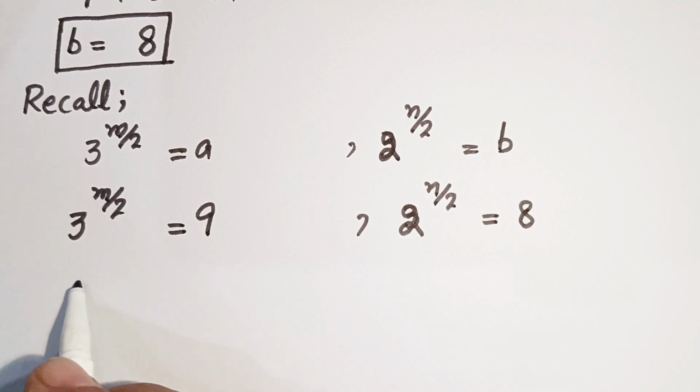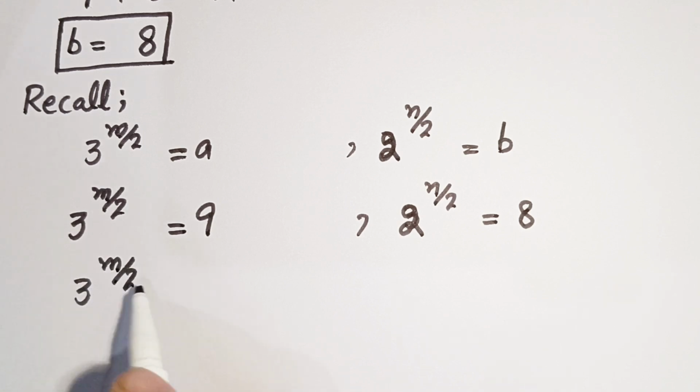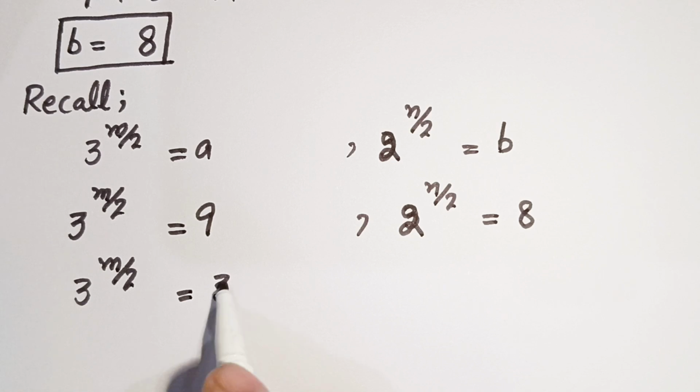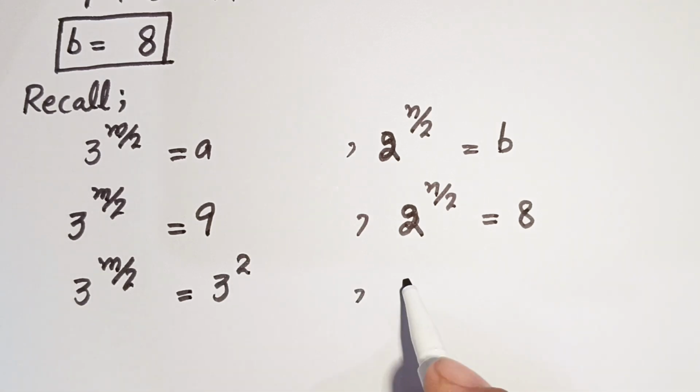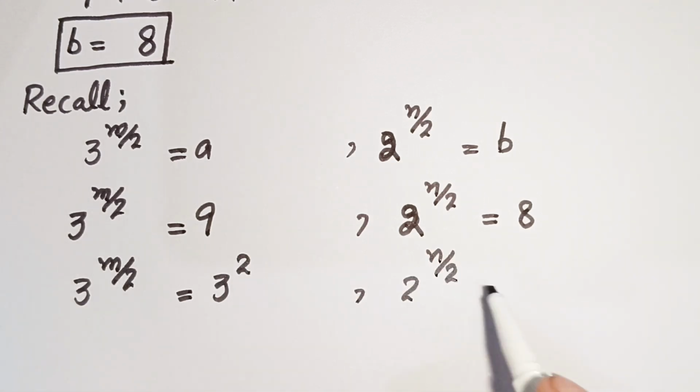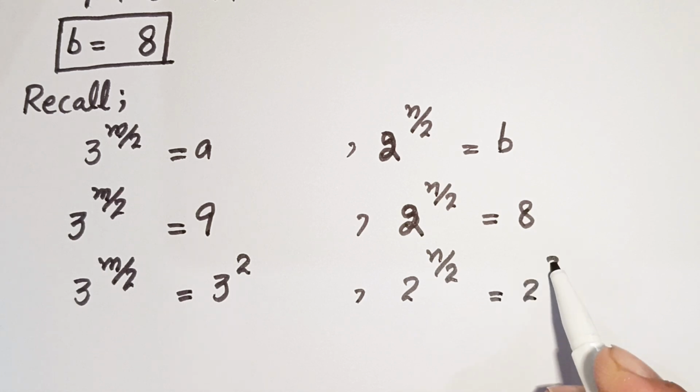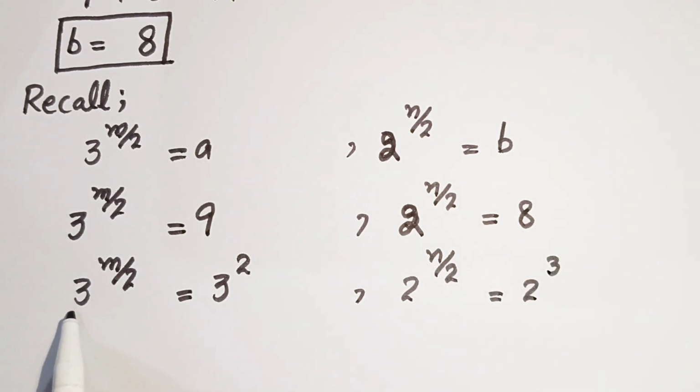Now 3 to the power m over 2 is equal to 9, which can be written as 3 squared. Here in 2 to the power n over 2, 8 is written as 2 cubed. So here bases are same, and as we know by exponential law, if bases are same, then powers will be equal.